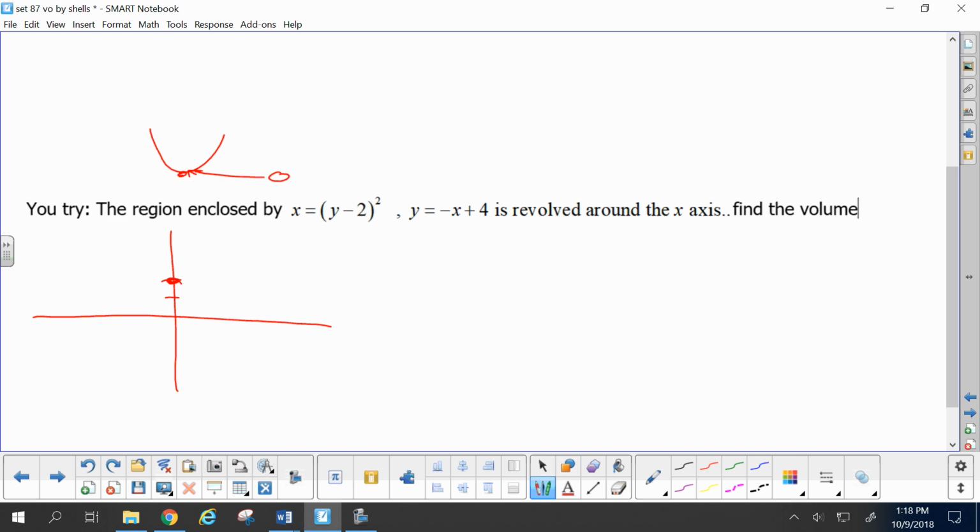All right, so it's opening sideways like that. Negative x plus 4 has a y-intercept of 4 and is down 1 over 1. So if I graph that, it feels like I'm getting that kind of situation. You agree? The region enclosed then looks like this.